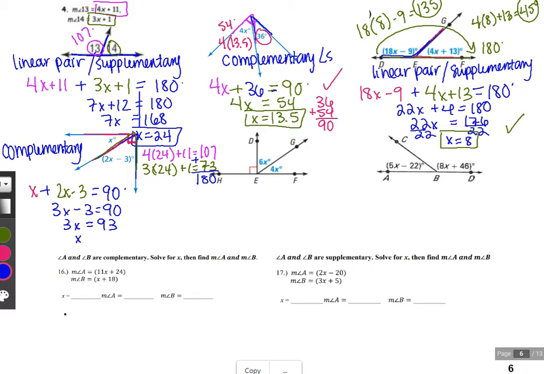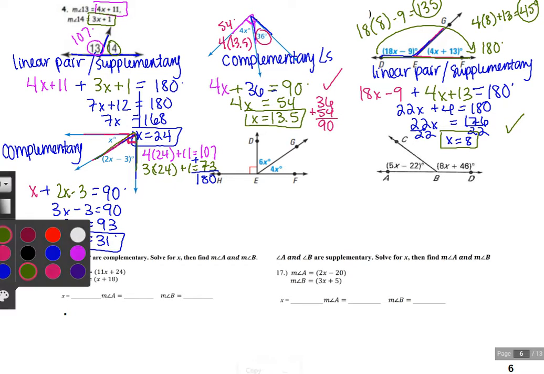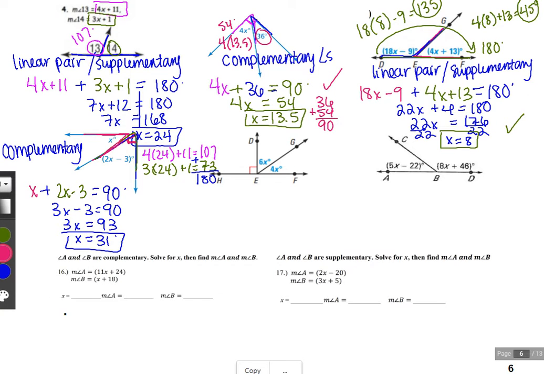Now to double check this, I need to plug it back in. So I'm going to substitute 31 degrees for my x values in my angles. This one here is just x, so if I substitute x for 31, then it's just 31 degrees. And for this one I have 2x minus 3, so I have 2 times 31 minus 3.